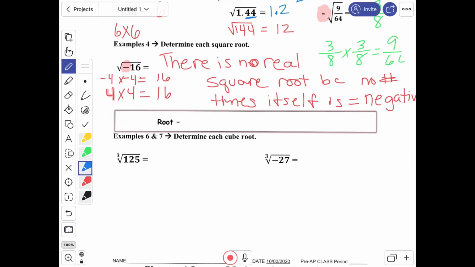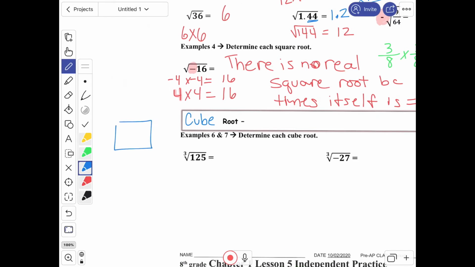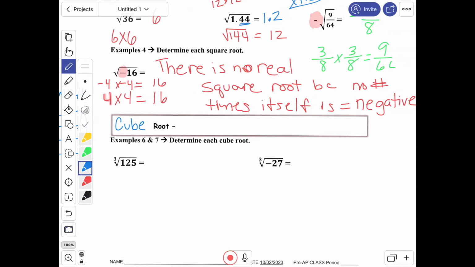Now let's shift gears for a little bit. That's square root. That's two sides. What about cube root? Think of a cube. When we're finding cubes, that's usually volume. And when we do volume, that would be length times width times height. 3 numbers.